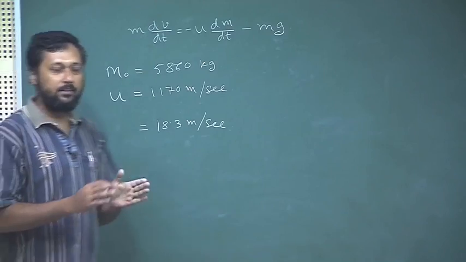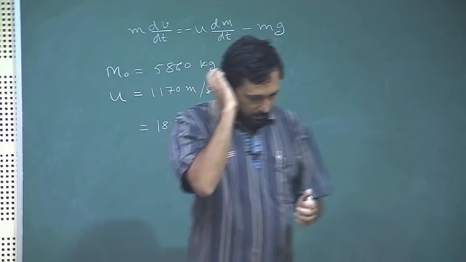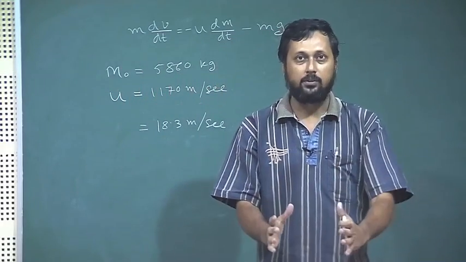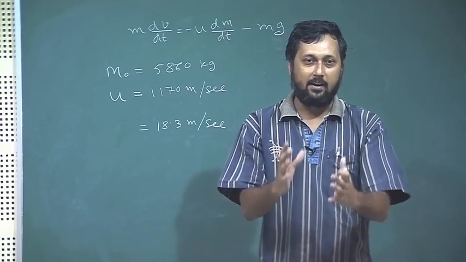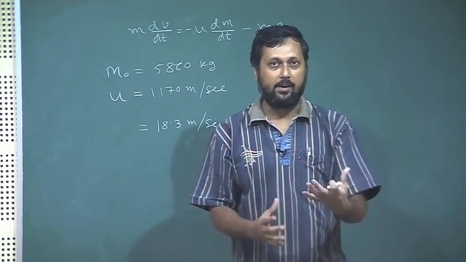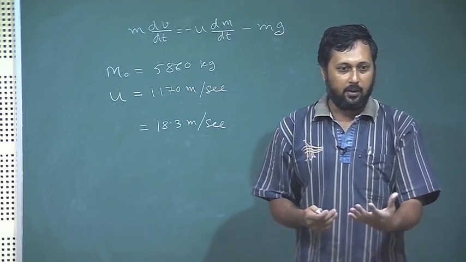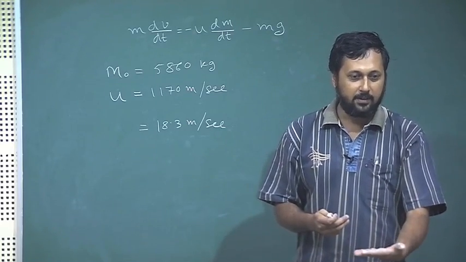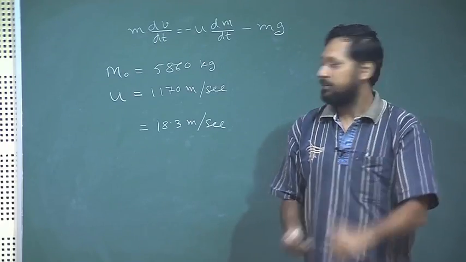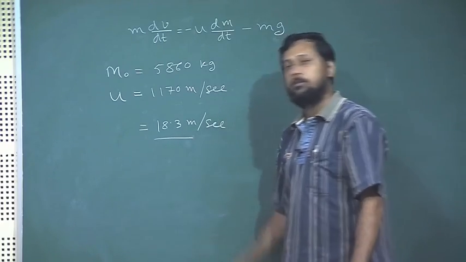So, understand this situation. We have a rocket which is standing on the ground vertically and the exhaust gas is fired at time t equal to 0. Now, what we want is for the rocket to immediately start moving upwards with an acceleration of 18.3 meters per second squared.